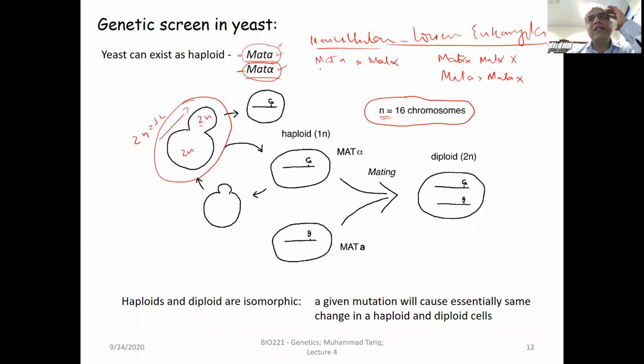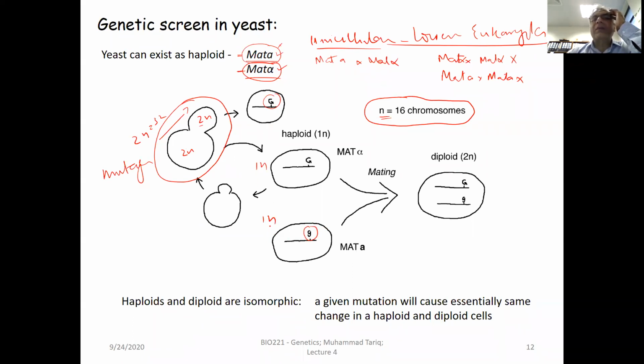This is the diploid state. If G is a hypothetical gene, after meiosis, one of the haploids will be carrying the gene, and you treated this yeast with mutagen, so mutation, and due to mutation now you have a phenotype.